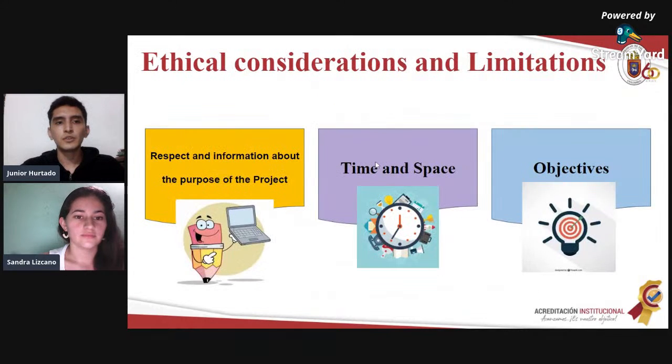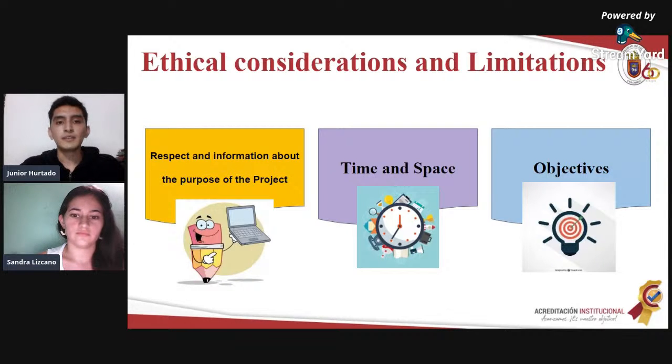Okay, now we will continue with the ethical considerations and limitations. In this part, we consider three aspects related with the respect and information about the purpose of the project, also the time and space, and the objectives of our study. So taking into consideration those three aspects, first, a respect for the participants, and also those responsible for the project will be promoted.